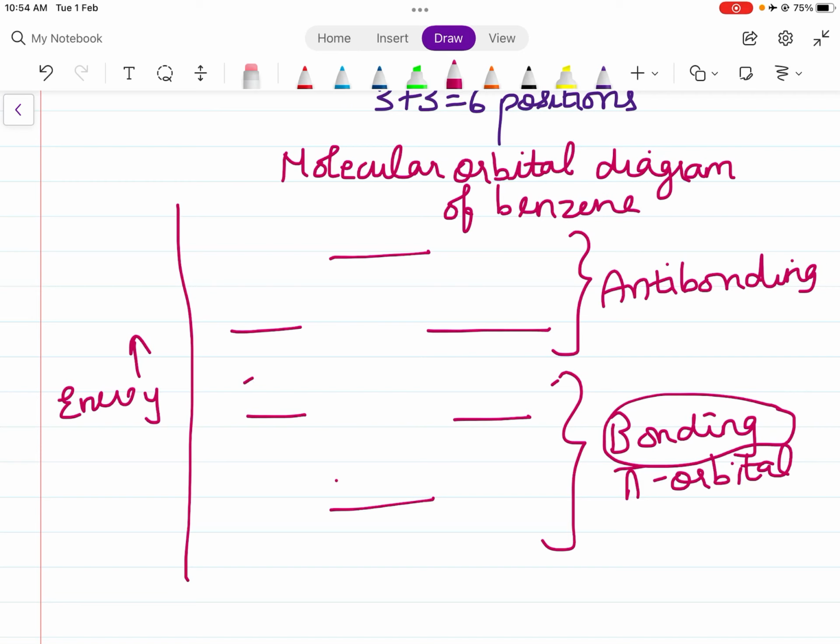So we show the 6 electrons, 1, 2, 3, then we fill like this, 4, 5, 6. So there are 6 electrons in the bonding and there are 0 electrons in the anti-bonding molecular orbital.